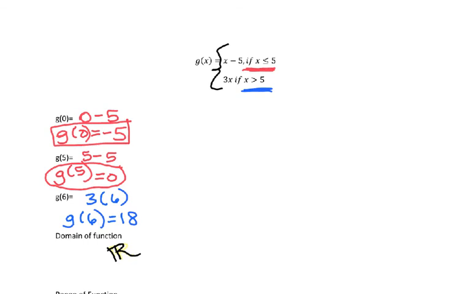But we still know that we can put in any real number and get one and only one value that corresponds to that number. So by definition, we have a complete function that has a domain that is the set of all real numbers, even though it breaks at 5 into a different rule.